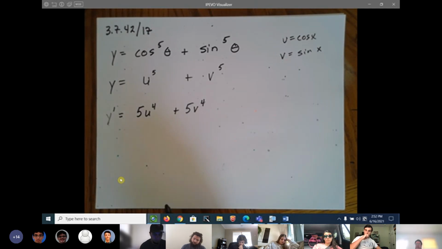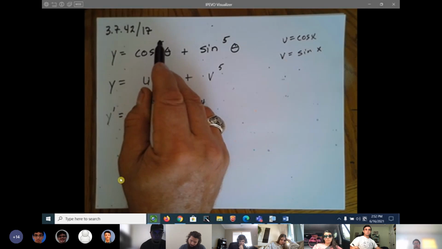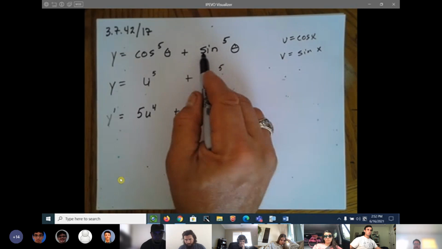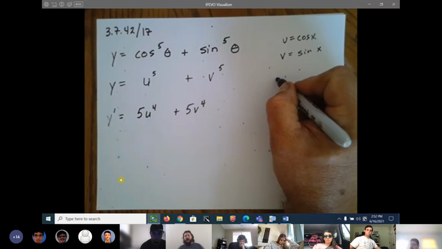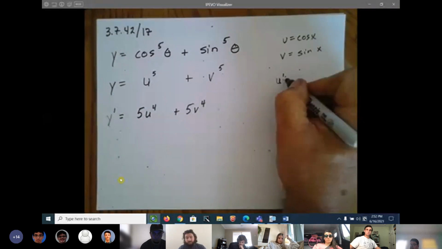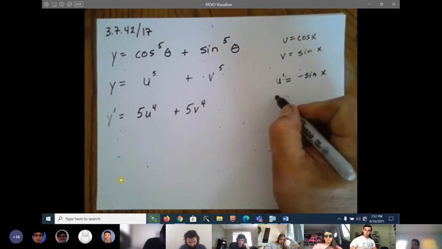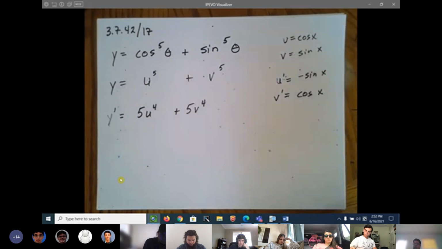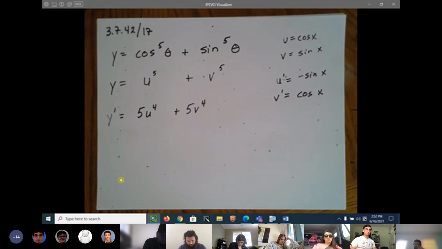And remember, the chain rule, we can't just say the derivative of the cosine is the negative sine and the derivative of the sine is cosine. What you do over here is you go u prime is equal to derivative of cosine, which is the negative sine. V prime, the derivative of sine, is the cosine. And then you put them in with your next step.